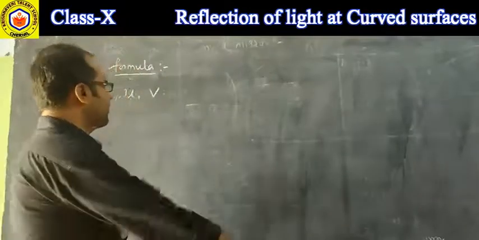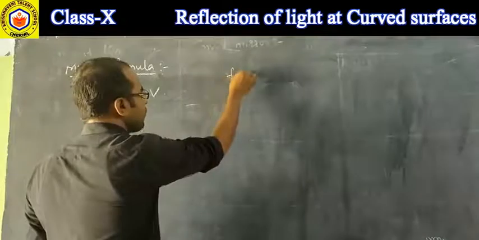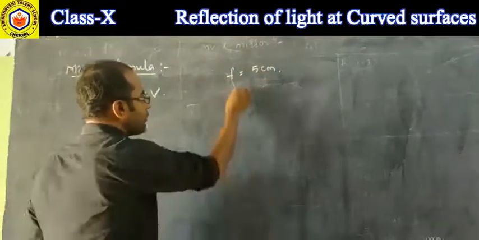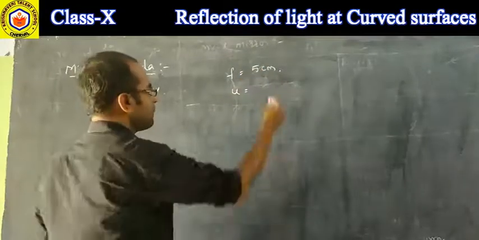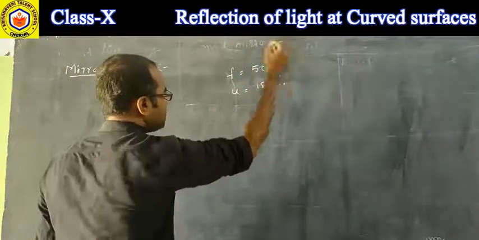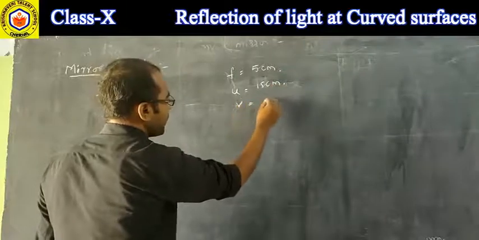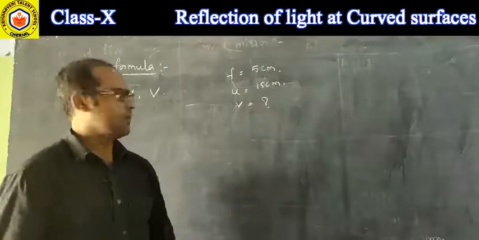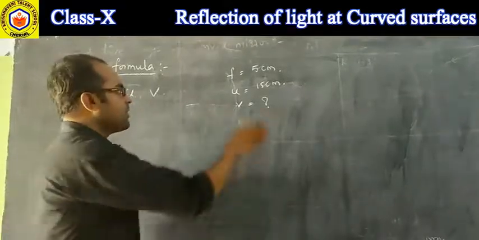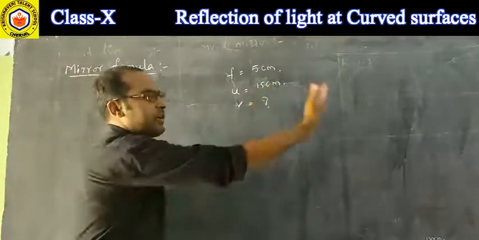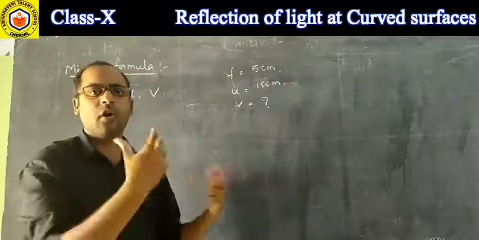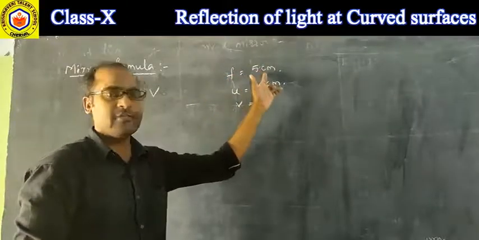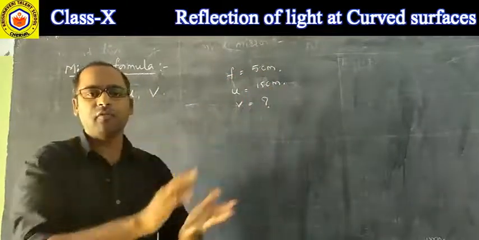And next, in a simple case, the focal length of a lens is given as 5 centimeters and the object distance u is given as 15 centimeters, and they ask to calculate the image distance, that is, where the image will be formed when an object is placed 15 centimeters away from the concave mirror or convex mirror. Its focal length is 5 centimeters, and where will the image be formed?